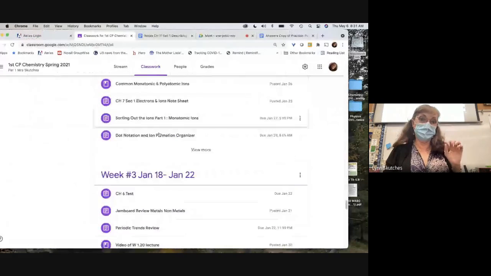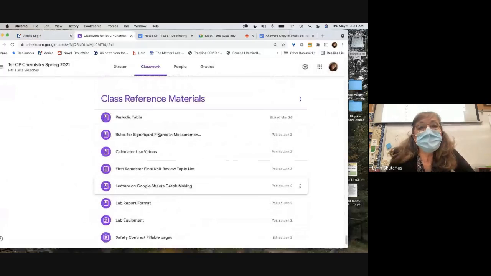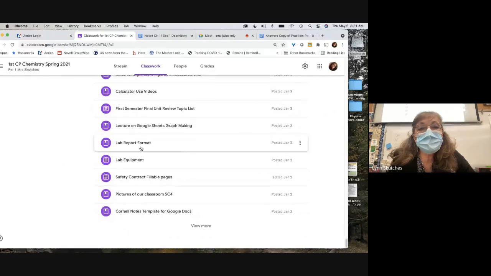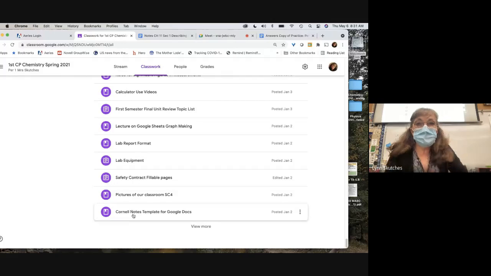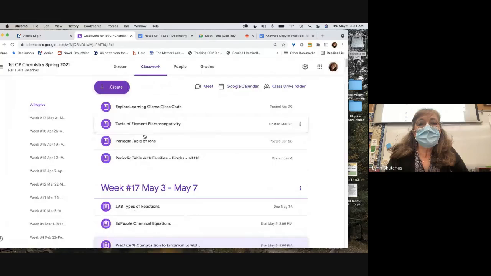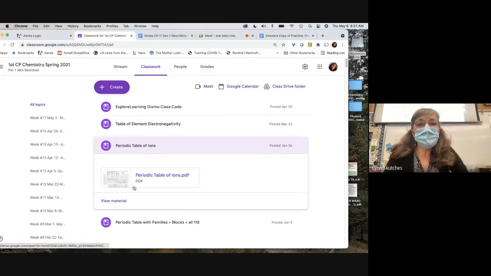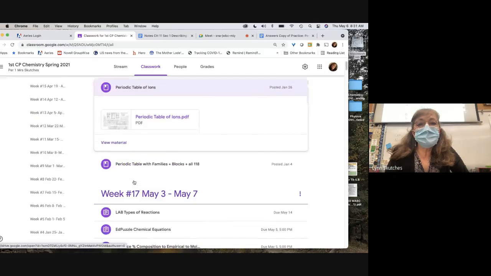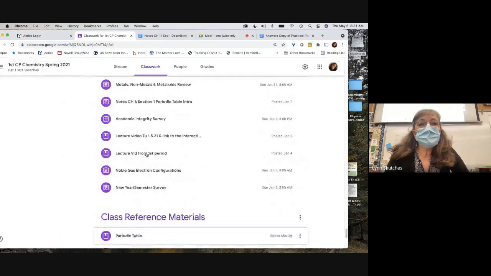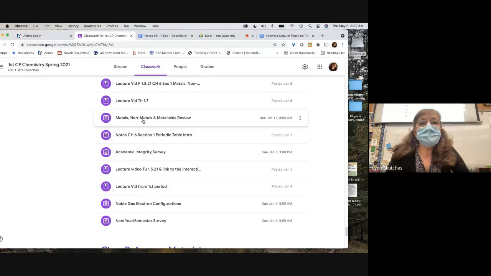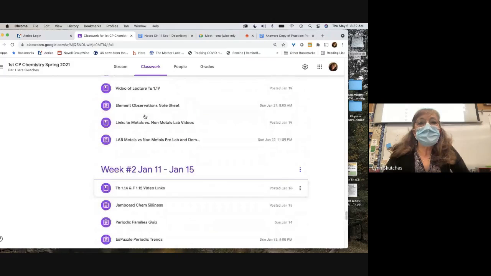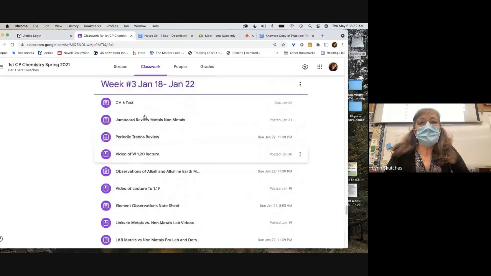Let's get down here. Periodic table, rules for sig figs, calculator, first semester, lab format, lab equipment. Oh, I don't have the ion list. Is the ion list here somewhere? Oh, periodic table of ions, but that's not polyatomic ions. I should have looked that up earlier. Was that last semester or this semester?